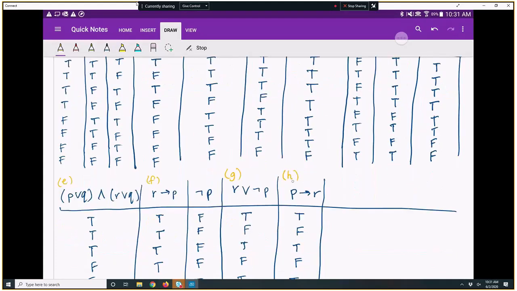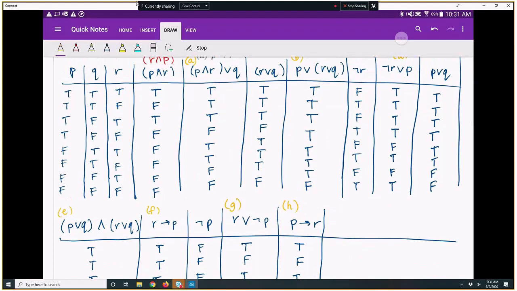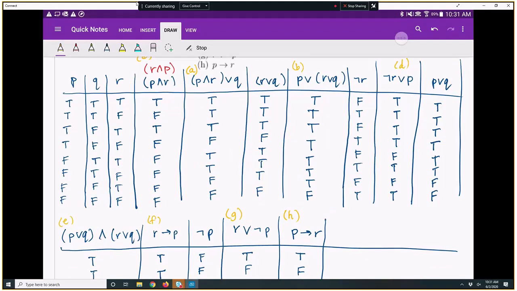Alright, so now I've completed my truth table, and I just need to compare, when I look at A, B, C, D, E, F, G, and H, which are equivalent to which. So let's look at A, which was P and R, or Q. I have true, true, true, false, true, true, false, false.